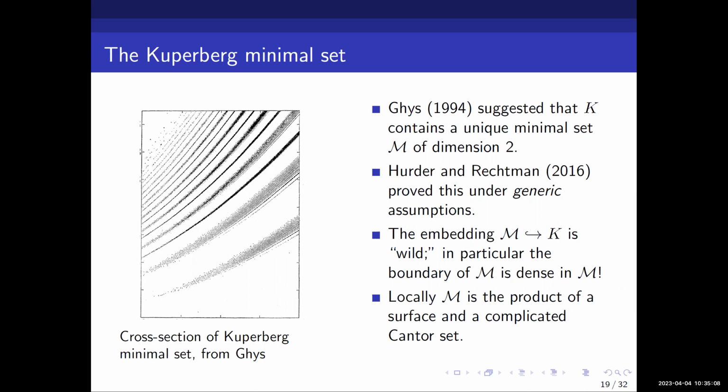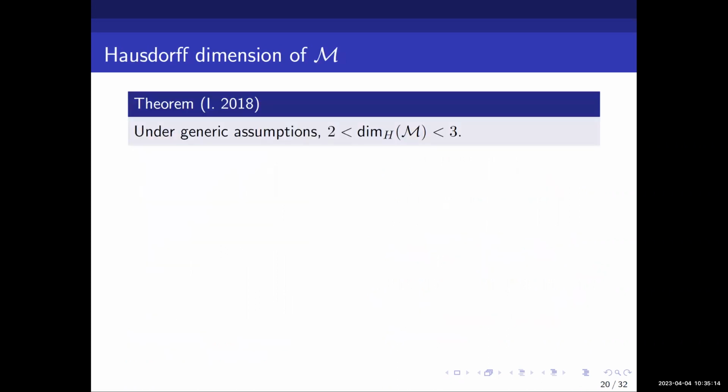So if you have some fractal in here, you might ask what its dimension is. This is our result: if you are under these generic assumptions, your Hausdorff dimension is strictly between 2 and 3. What does this mean?